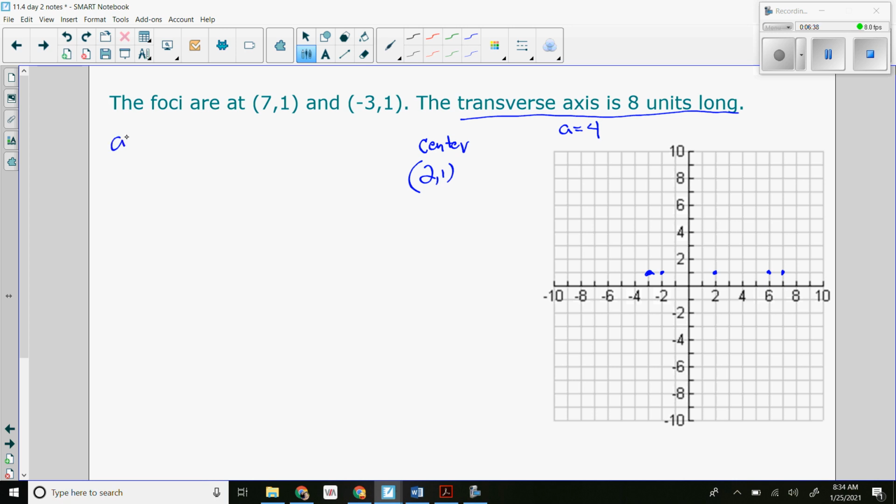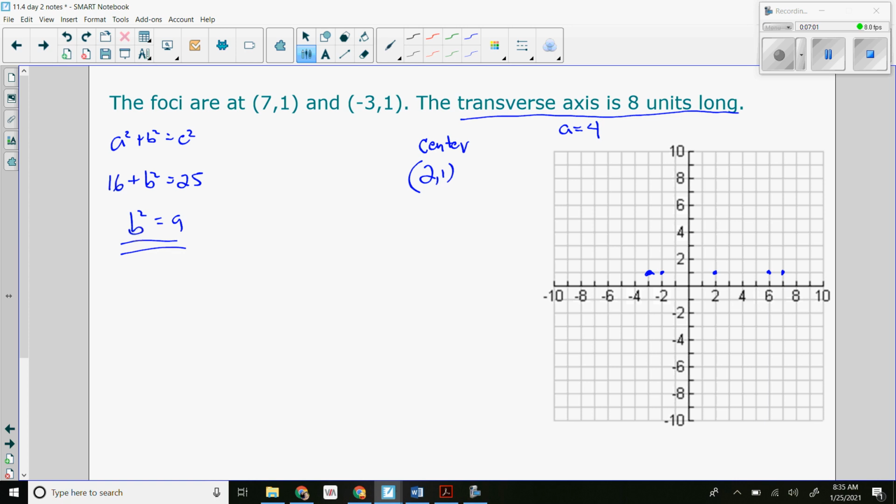So if I go A squared plus B squared equals C squared, this would be A, we said is 4, so 16. We don't know B squared. And then C is 5, so C squared is 25. Subtract 16 on both sides, B squared equals 9, and we'll use that later.